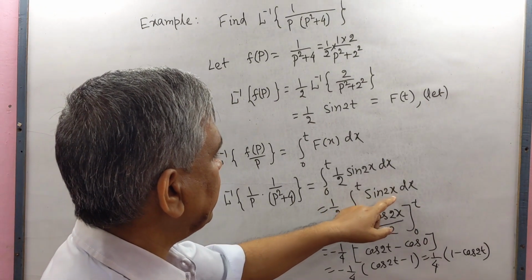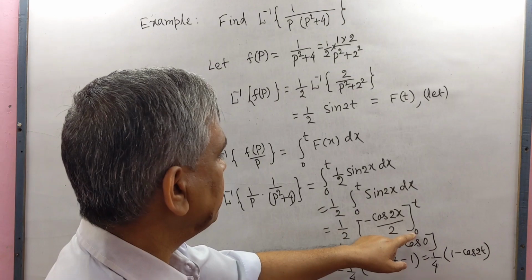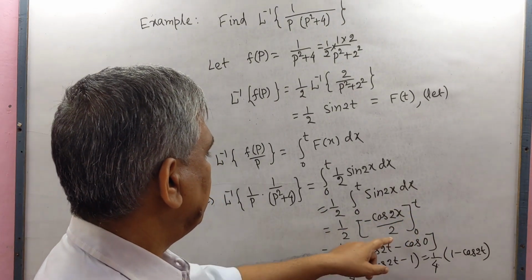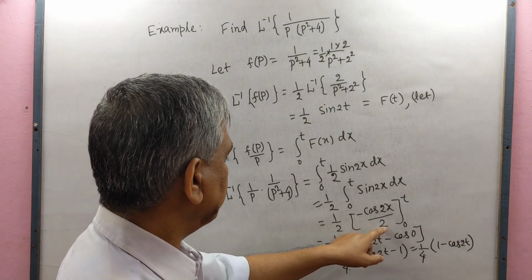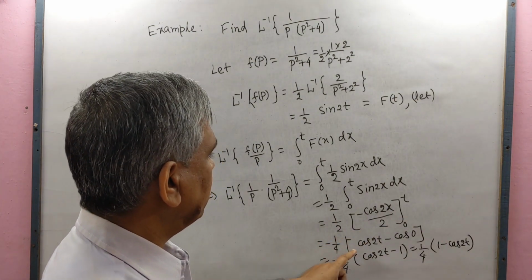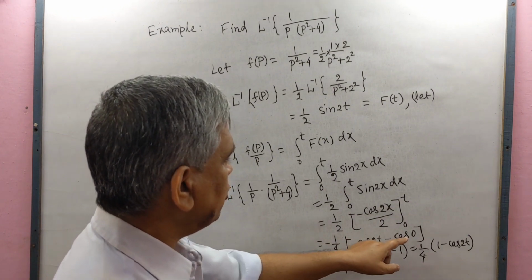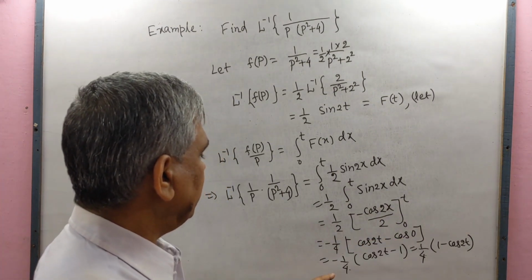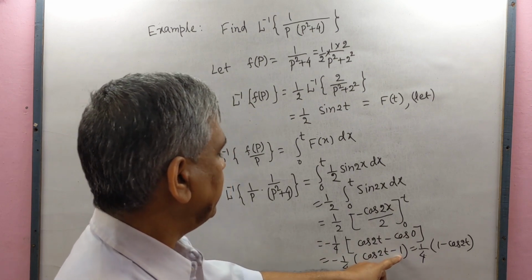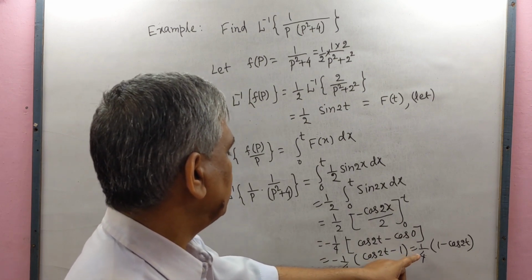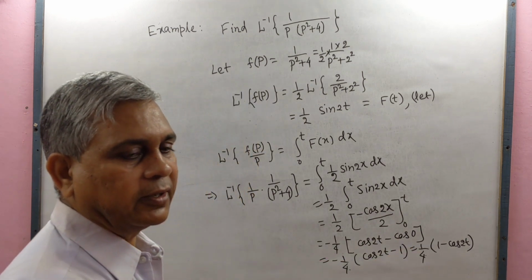The integration of sin 2x is minus cos 2x by 2, limits 0 to t, so minus 1/4 times (cos 2t minus cos 0), which equals minus 1/4 (cos 2t minus 1), equal to 1/4 (1 minus cos 2t).